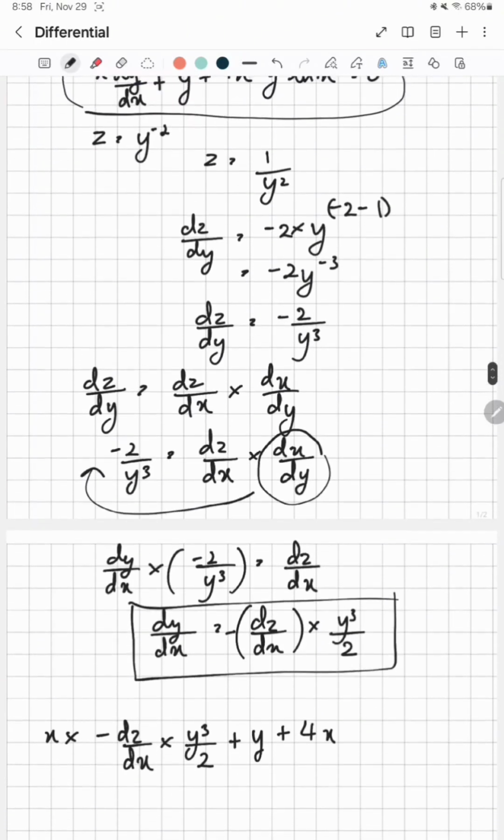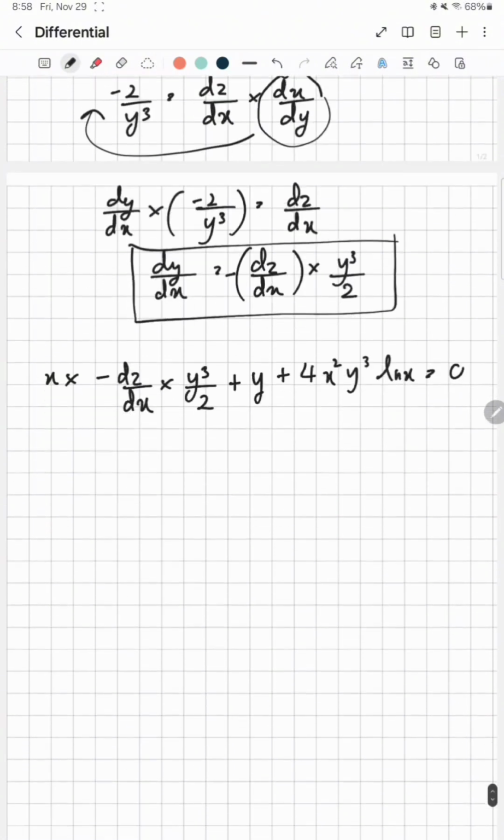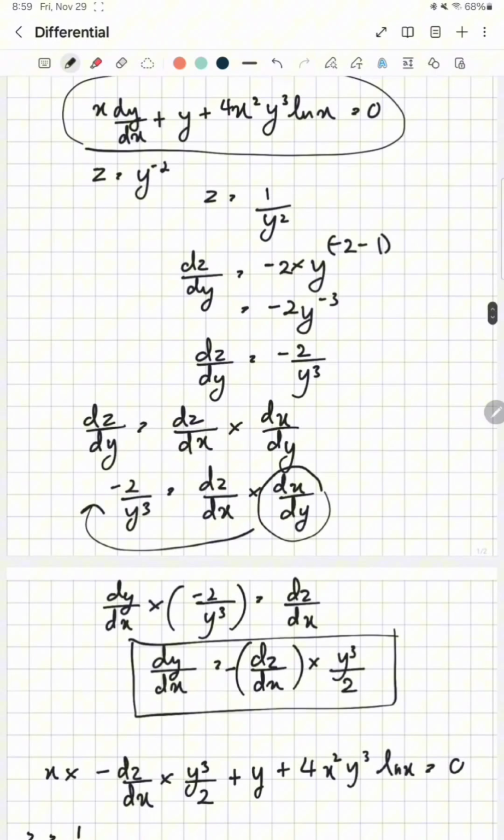So we can write this as y squared equals to 1 over z and y equals to 1 over square root z. Okay.